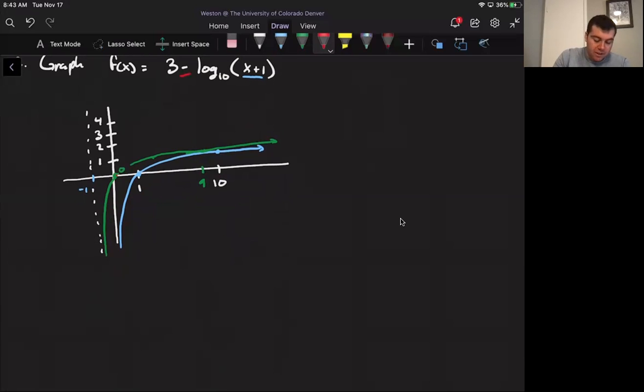So on the left of 0, we just reflect up. And on the right of 0, we just reflect down. So there's that. We're still hitting 0, and at 9, that's now -1.